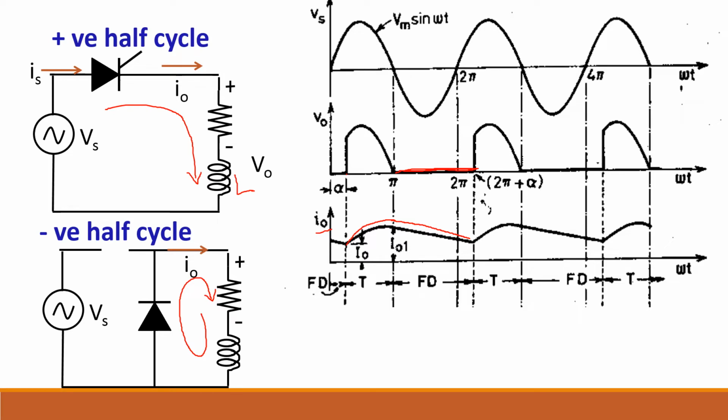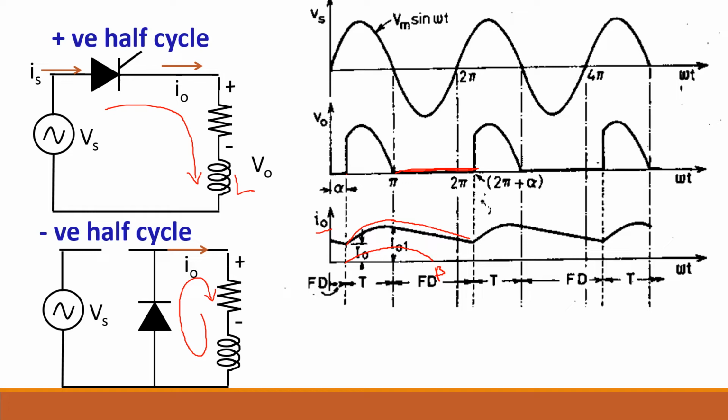But when L is a very low value, you may get a discontinuous current. In that case, the waveform will start from alpha and increase, then during negative half cycle it decreases and becomes 0 at beta.